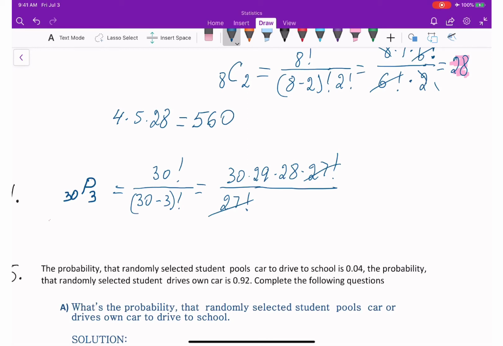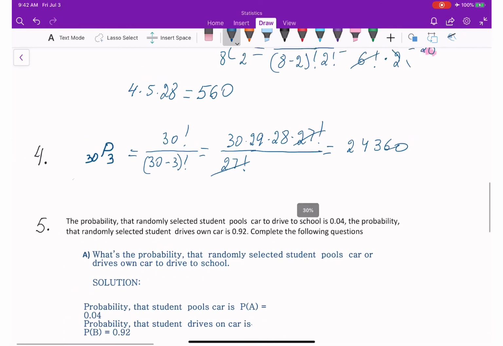We have 30 times 29 times 28. And we are getting 24,360. Again, permutation we use when order is important. When you have to choose this one, and then you have to choose this one, and then you have to choose third one. And it has to be in that order.